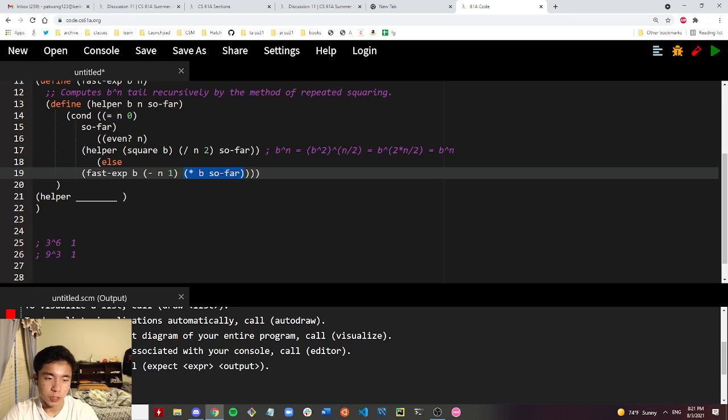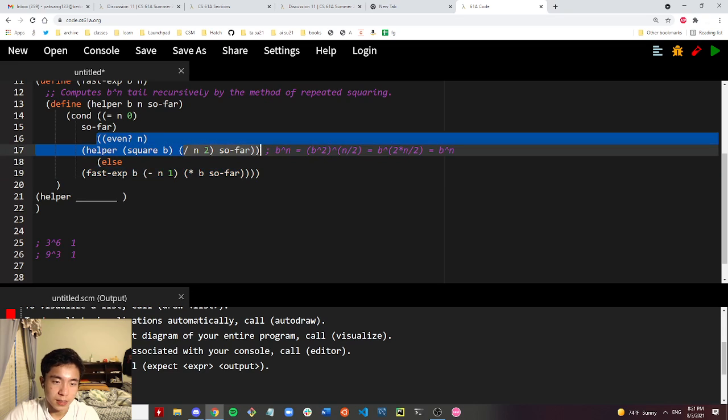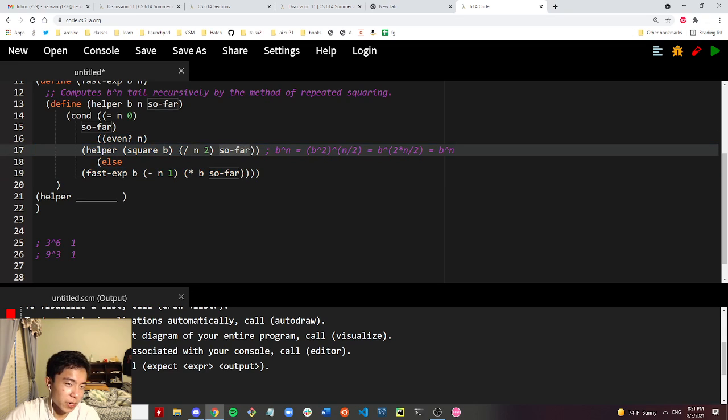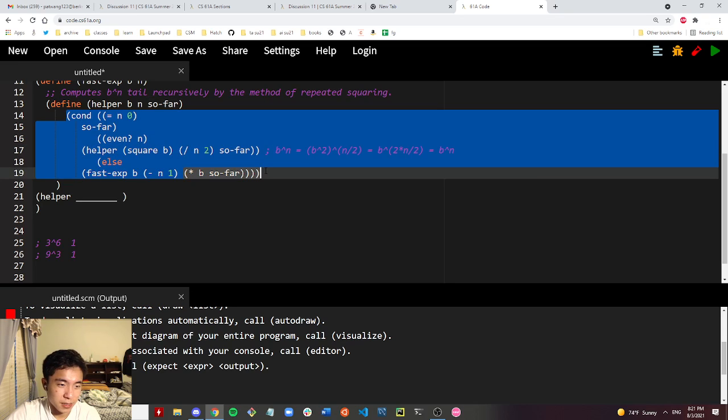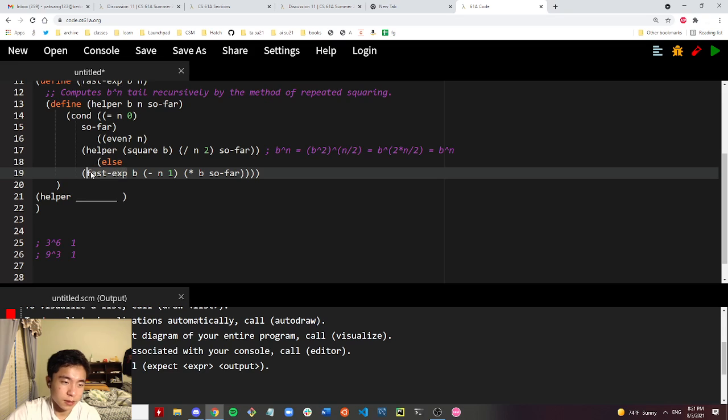The reason we can multiply by this compared to that is that we would have had to multiply by b to the n divided by 2, which is hard to do, compared to making, my bad, this should be the helper, just b times the so far.